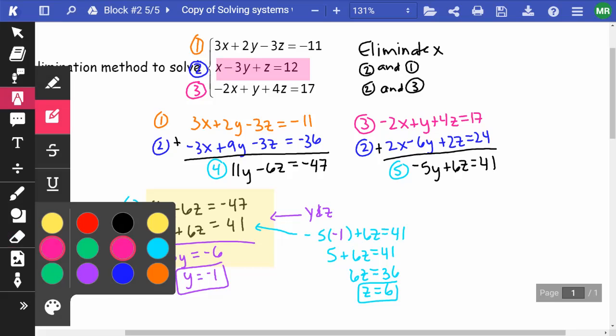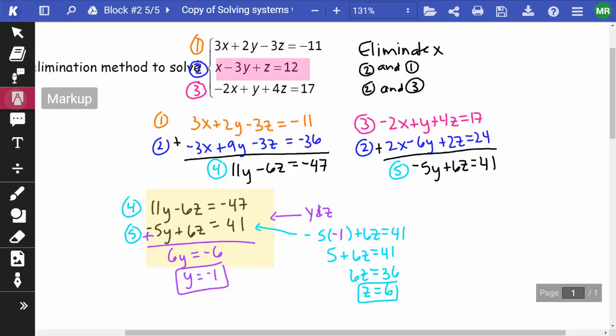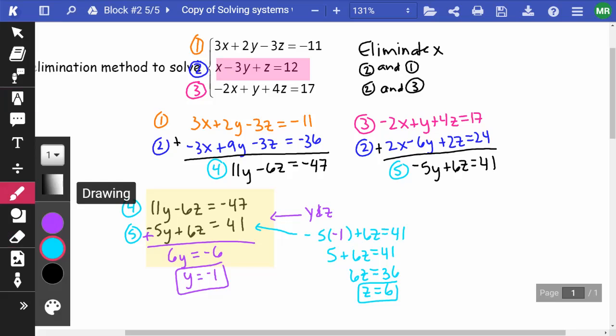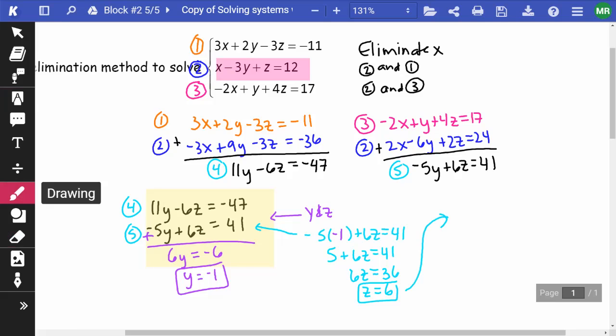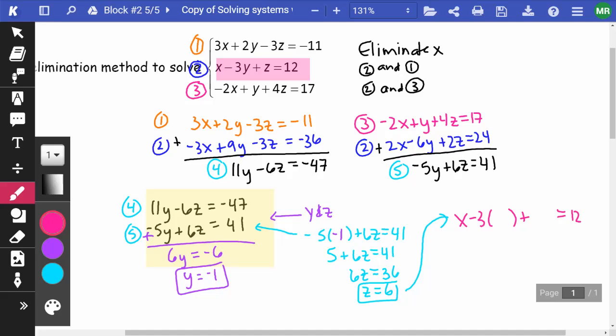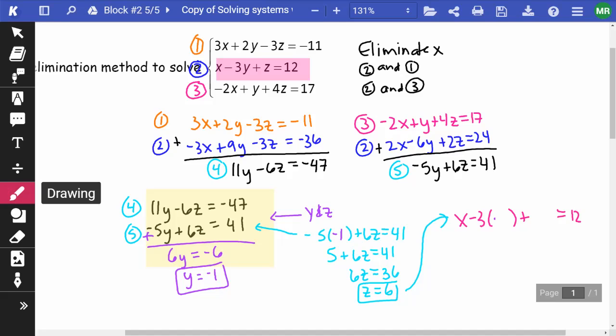I am going to plug into x minus 3 times my y plus my z equals 12. Okay, and my y is -1 and my z is 6. And now I'm going to solve that. So I'm going to get x plus 3 plus 6 equals 12.